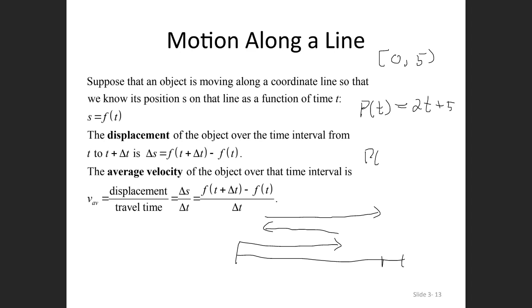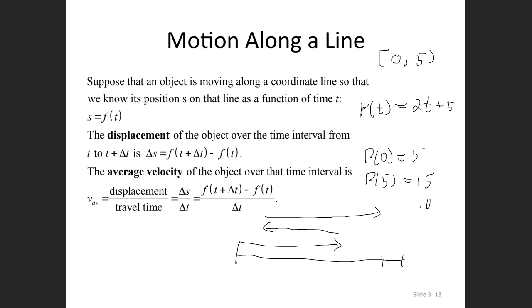So your p of 0, and this one's not turning around, so it's kind of a weird one. So at time 0, it's at 5, and at time 5, it's at 15, so the displacement would be 10 because it's 10 apart. And it's not turning around. I know it's not turning around because it's a linear function.